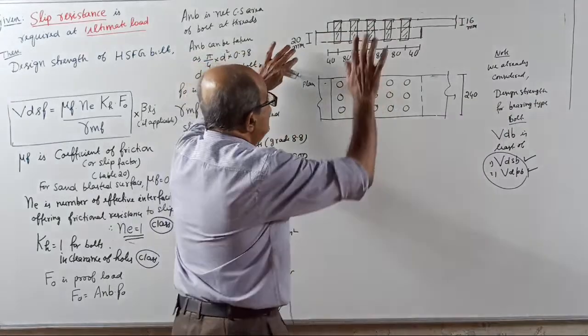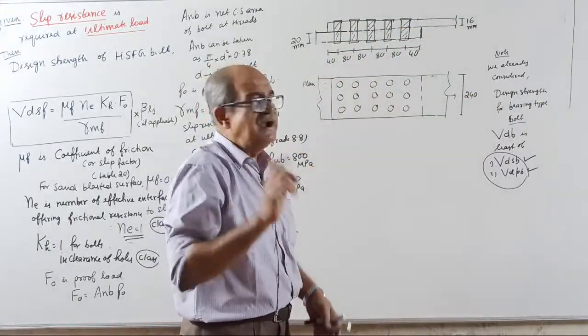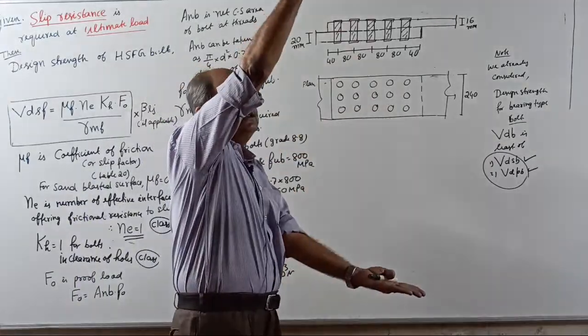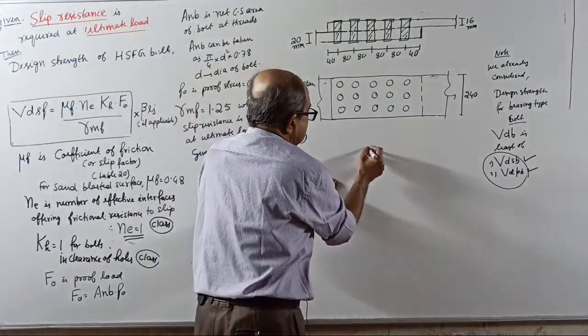Now, IS code. See now, just to understand, the force acting this way, perpendicular to the plate, is F naught.